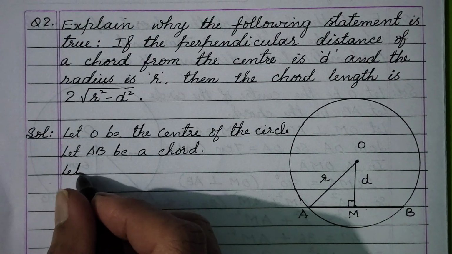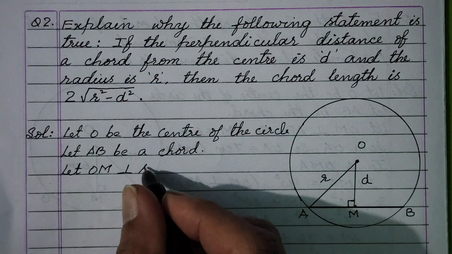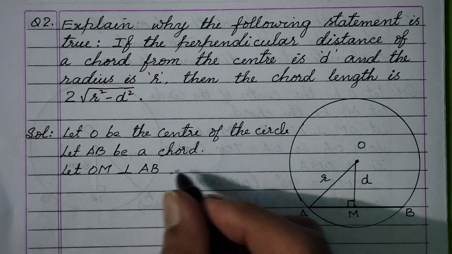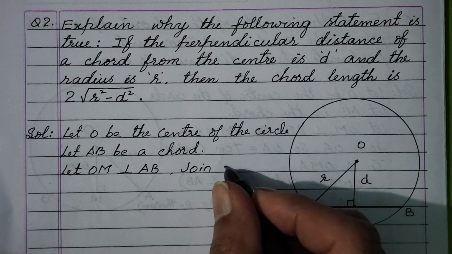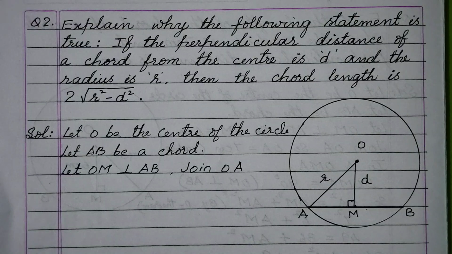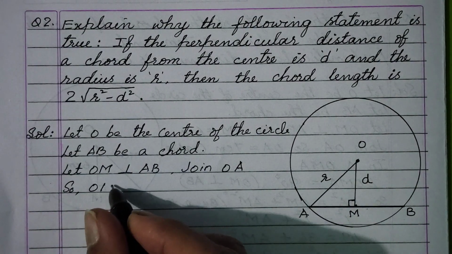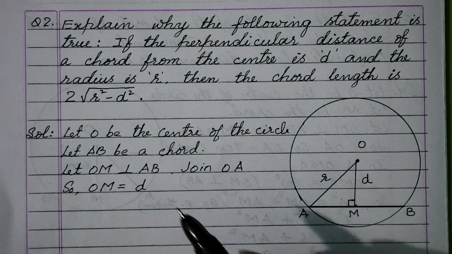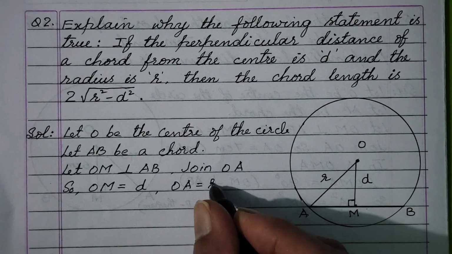Let OM be perpendicular to AB. Join OA. So here, OM is equal to d. It is the perpendicular distance, and OA is equal to r. This is the radius.